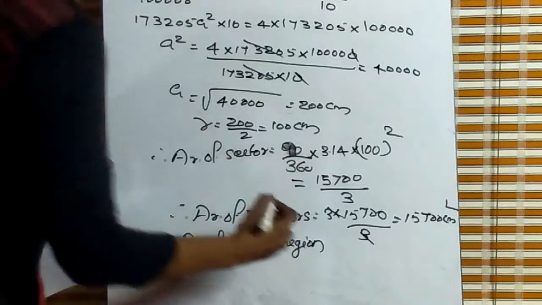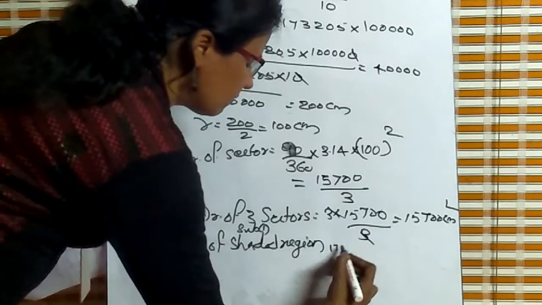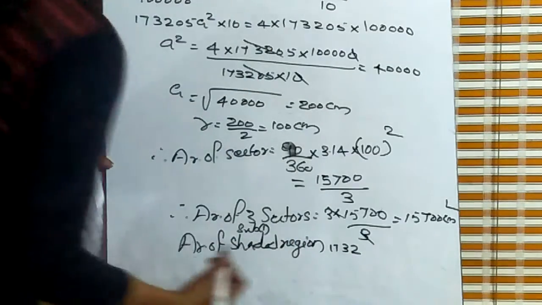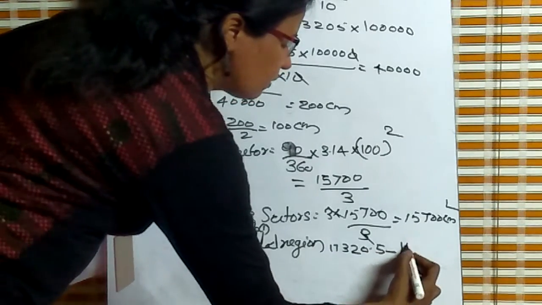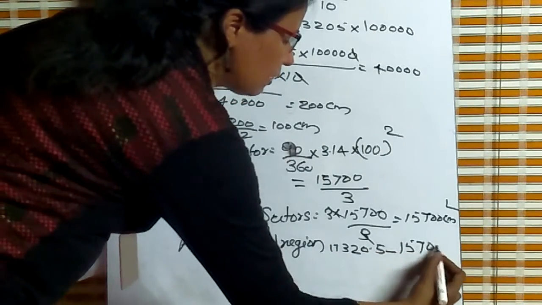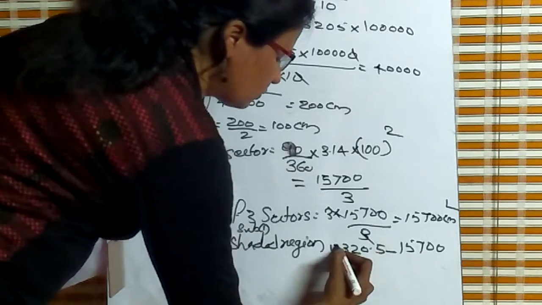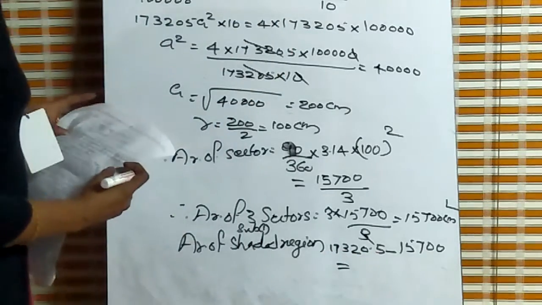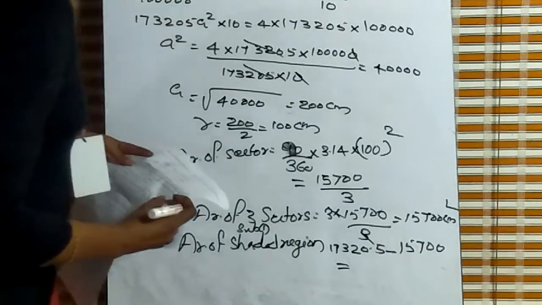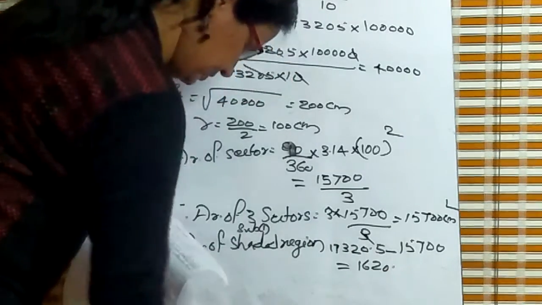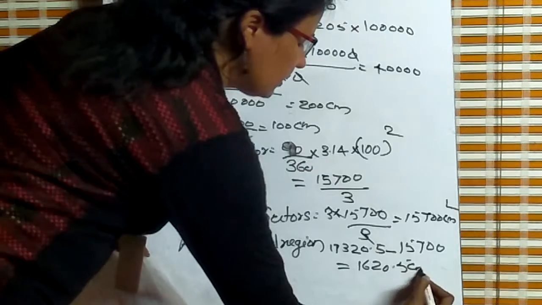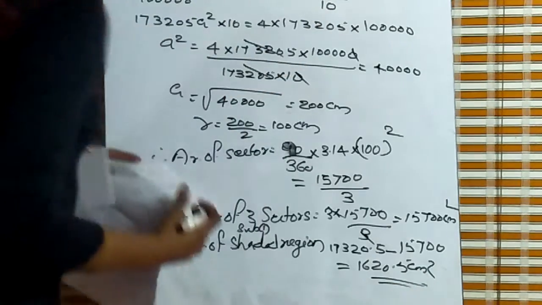Area of triangle is given as 17,320.5 minus 15,700 is equal to 1,620.5 centimeter square.